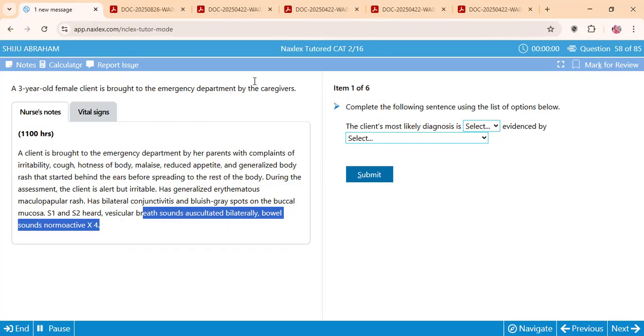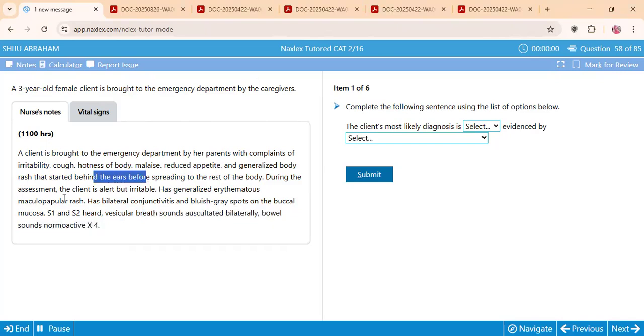By assessing this, we can see the maculopapular rash which started behind the ear. So we should look at the skin lesions. What is the significant skin lesion with a maculopapular rash originating behind the ear? We can see the options rubella, measles, and varicella.